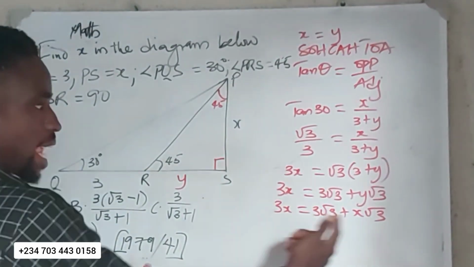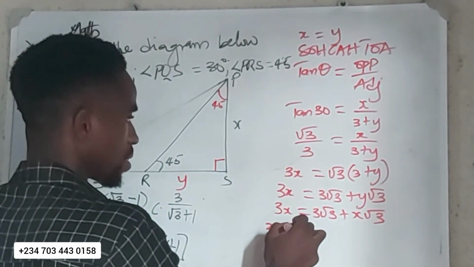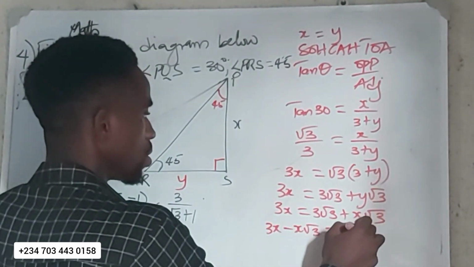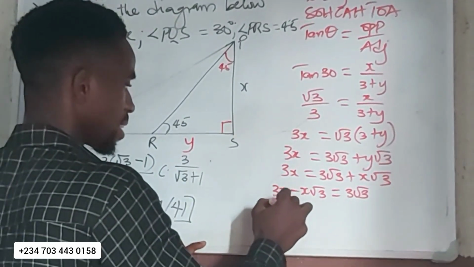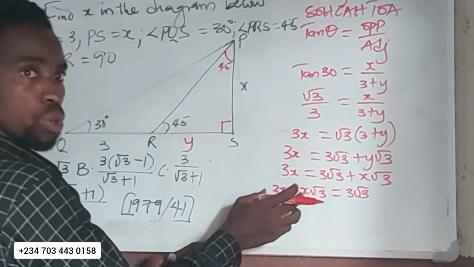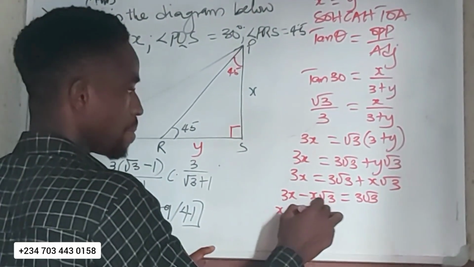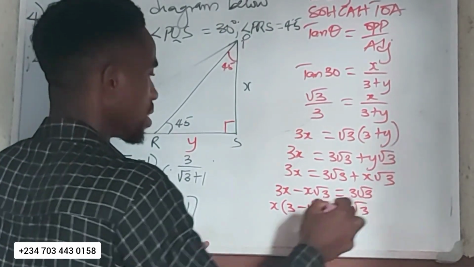So collecting like terms, we have 3x minus x root 3 is equal to 3 root 3. So the common term here is x. And when you factorize, you have x into 3 minus root 3 is equal to 3 root 3, right?